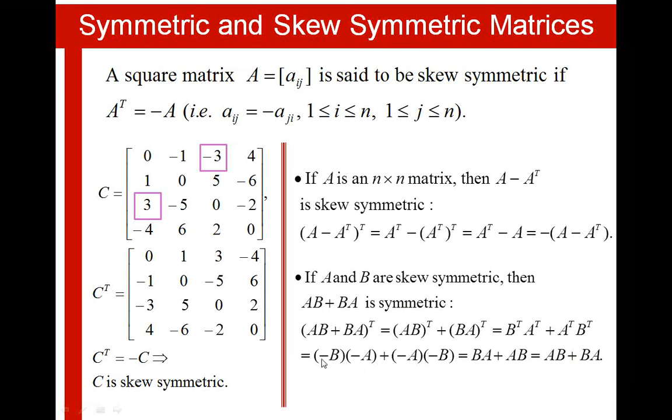Once we multiply them together, minus times minus is plus, so this becomes plus BA plus AB. Since matrix addition is commutative, BA plus AB is equal to AB plus BA, which means that AB plus BA is symmetric.